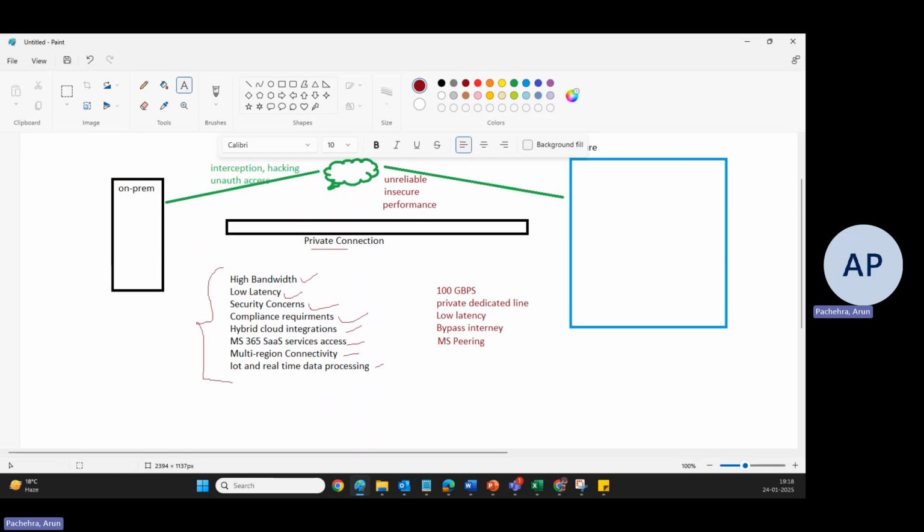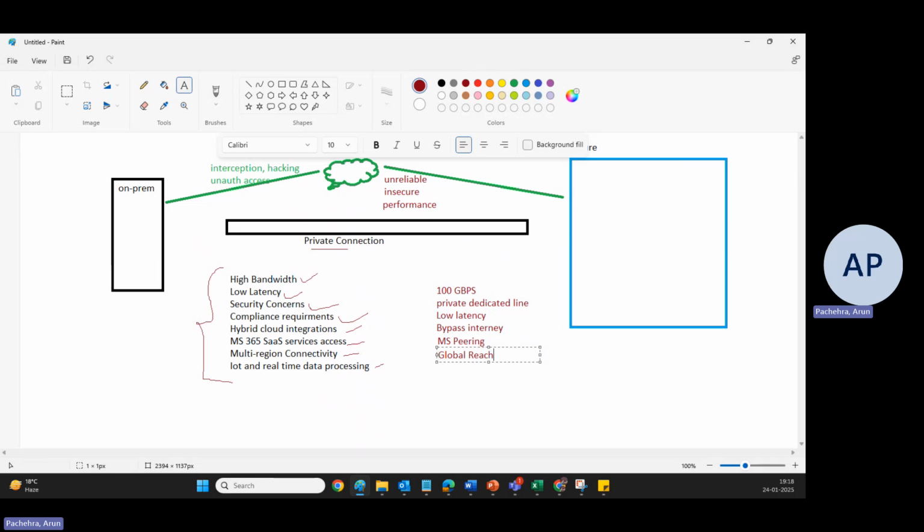Now, multi-region connectivity. There are features like Global Reach, which support seamless connectivity between on-prem sites and multiple Azure regions worldwide. So here it will solve the problem. And of course, efficient routing. It provides optimized and low latency paths between regions, improving performance.